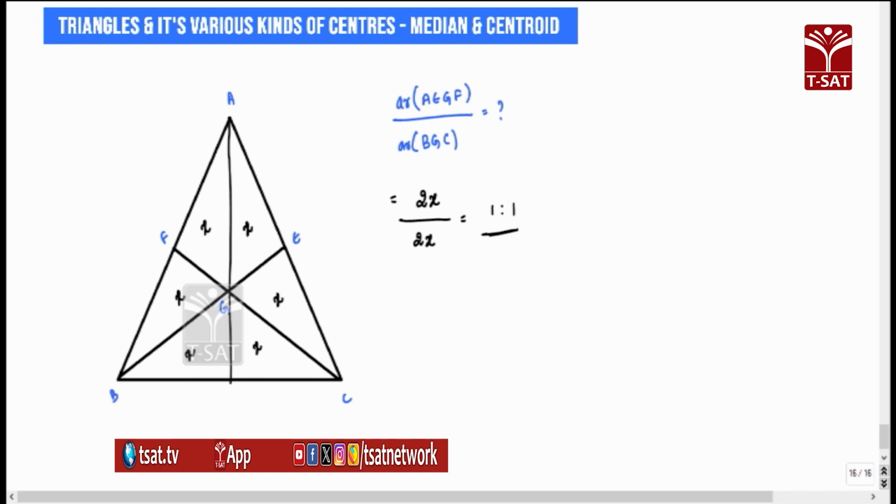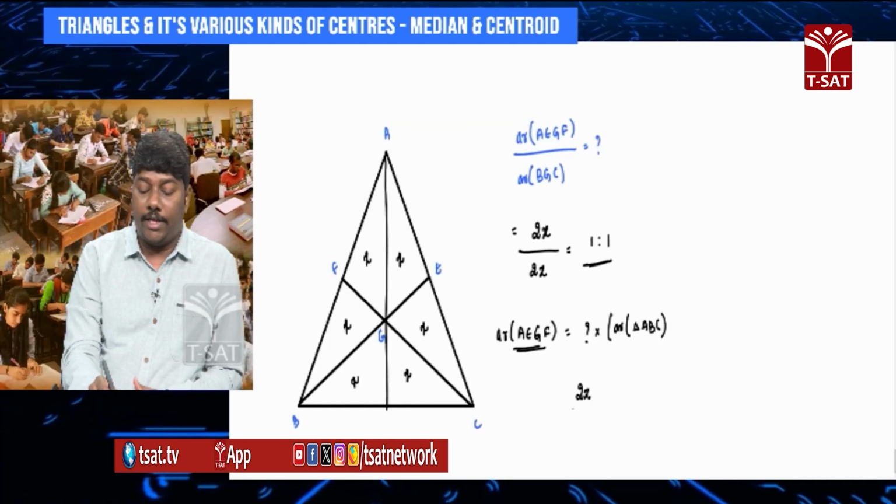Here if I ask you the area of AEGF is what part of the area of triangle ABC? This quadrilateral actually consists of two small triangles out of a total of 6 triangles.